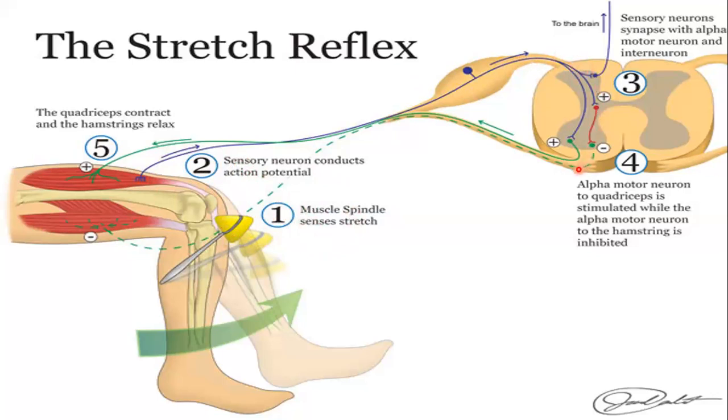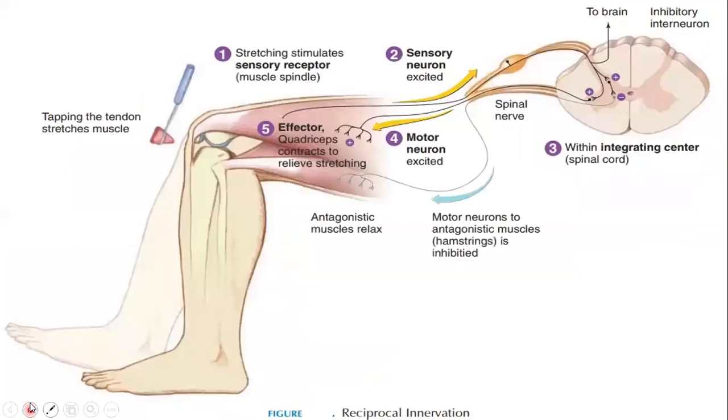Then the motor impulse comes into play, and it has its effect over here in our muscle, that is the contraction. So the thing you need to remember is that the stimulus is stretch of the muscles and the result is contraction. So we are done with this part. Moving forward, now we need to see one more thing, that is reciprocal innervation.